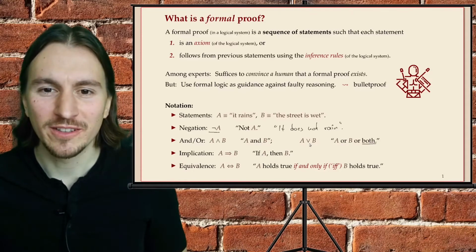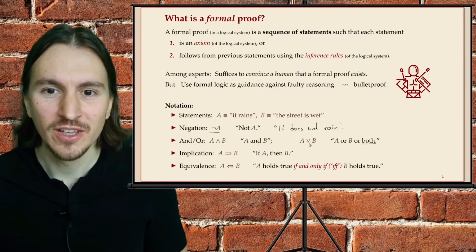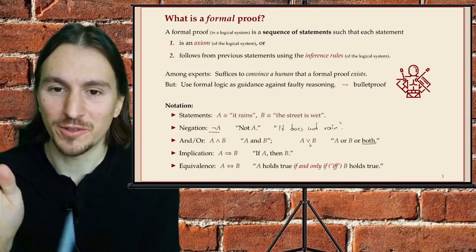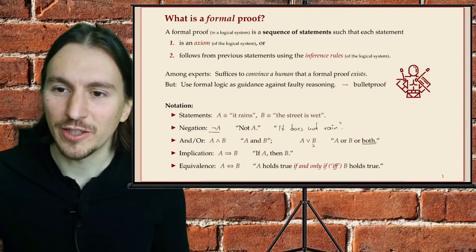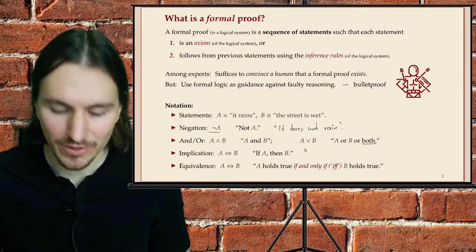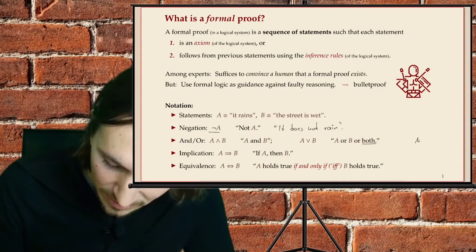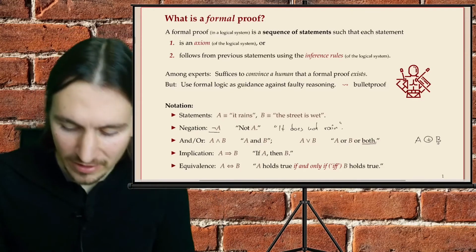Sometimes when we talk in English and we say or, we mean the exclusive or. It's either this or that, if you want to make the distinction clear. That doesn't have, in classical logic, an extra symbol. Sometimes it's written as A with a plus with a circle around it.